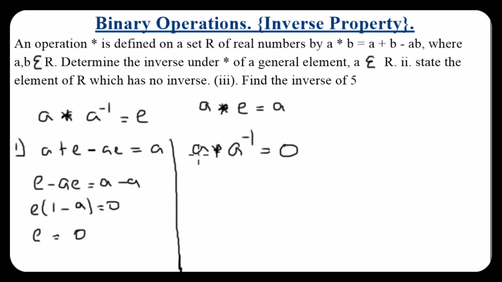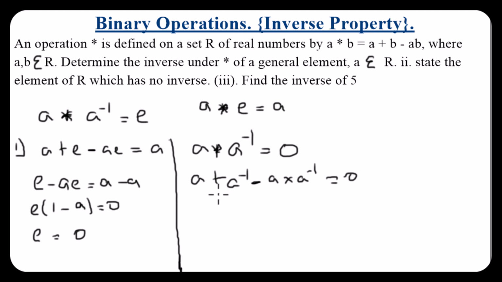A star B: anywhere I see A, I'll still write A. Anywhere I see B, now I'm going to write A inverse. So I'm going to write it as A plus A inverse minus A times A inverse. So this must be equal to 0.